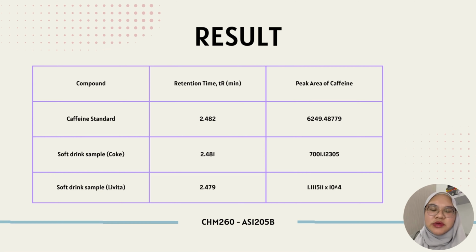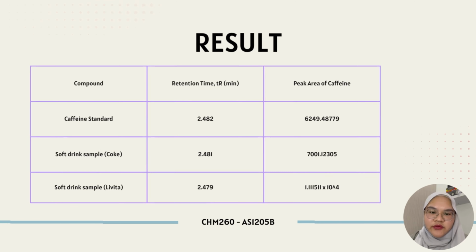The soft drink sample of Coke had a retention time of 2.481 minutes with a peak area of 7001.12305. The other soft drink sample, Levita, had a retention time of 2.479 minutes and a peak area of caffeine of 1.1115 times 10 to the power of 4.